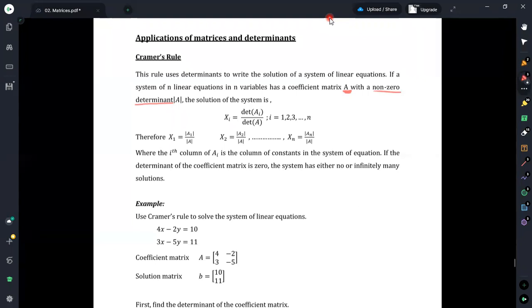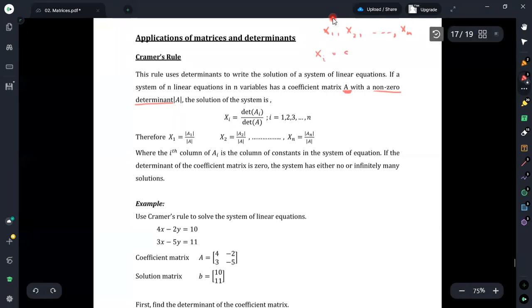Therefore, this is the concept we are applying in Cramer's rule. Here, if you have n variables, and I name them x1, x2 up to xn, then the solution for the ith variable, xi, would be equal to the determinant of Ai.